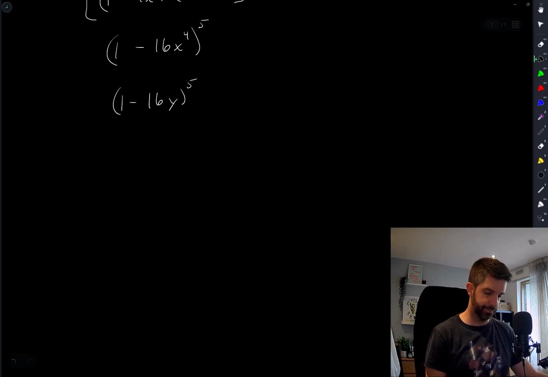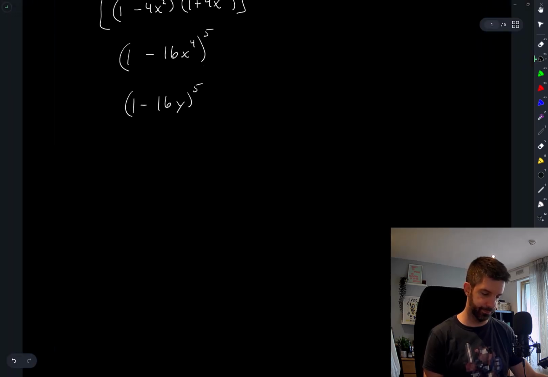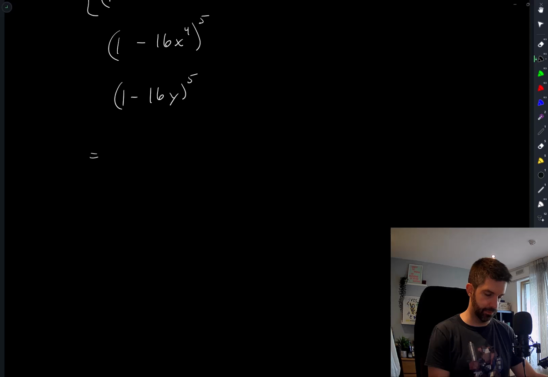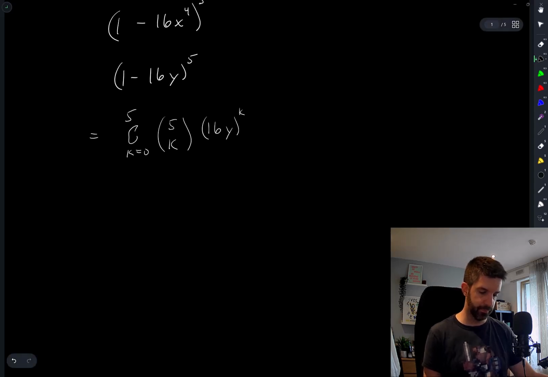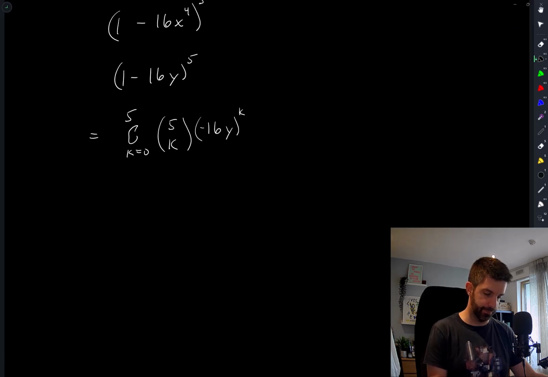Okay. So y cubed, oops, sorry. I can write this as the sum, k goes from 0 to 5 of 5 choose k times (negative 16y) to the power of k.